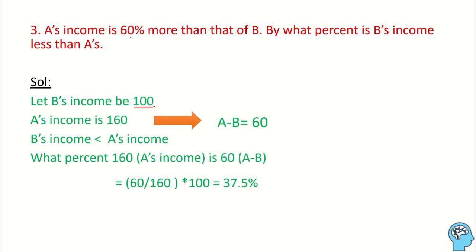A's income is 60% more than that of B. So then A's income will be 60% more, which means it will be 160.